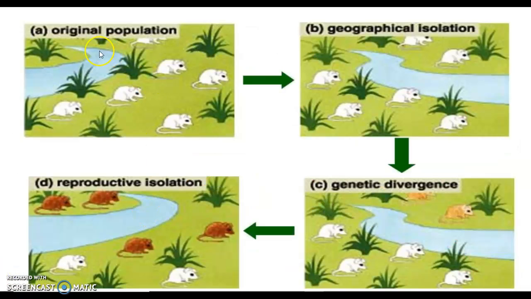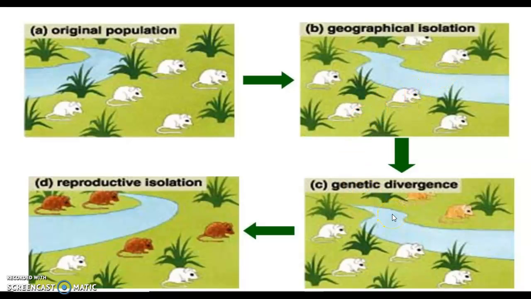So, for example, we take an original population of mice and we isolate them somehow geographically. For example, we have a river running through and separating the two populations of mice.